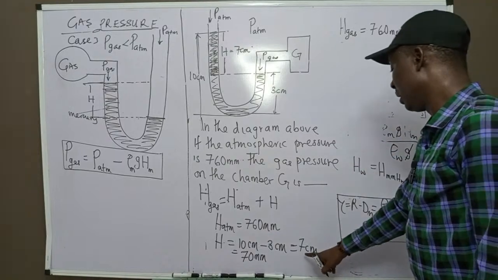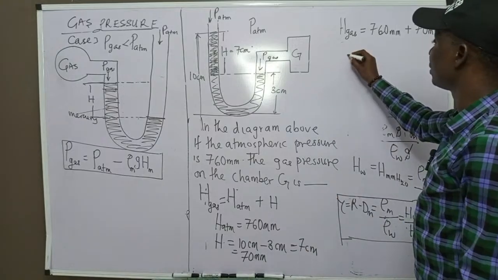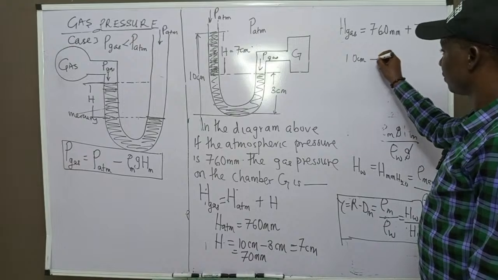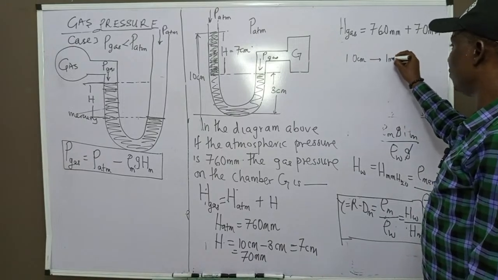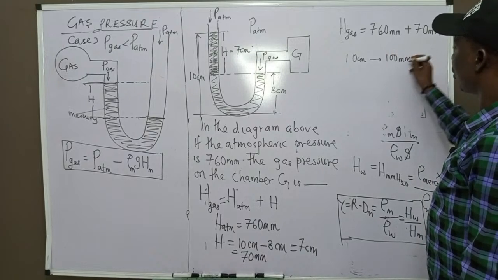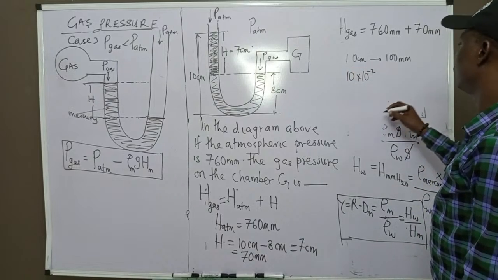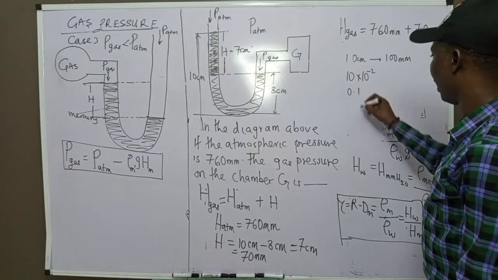Reasoning by the relationship between them, 10 centimeter is equal to 100 millimeter. Don't forget that this one is simply 10 times 10 raised to minus 2, which is 0.1.